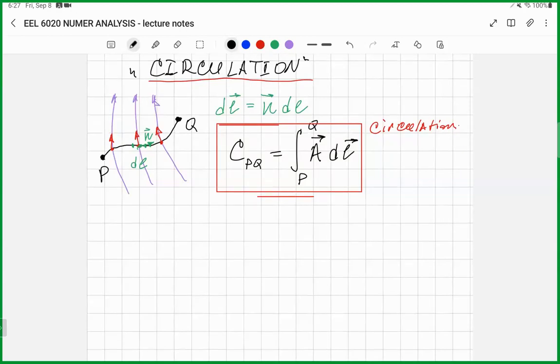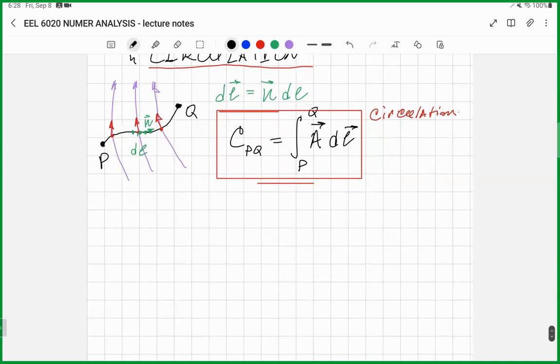And obviously this circulation integral is linked to the curl. And now we need to define how it's linked to the curl. So let us write this question down.